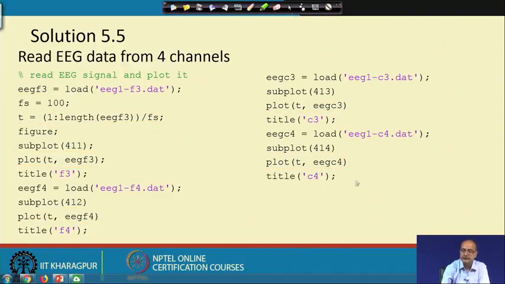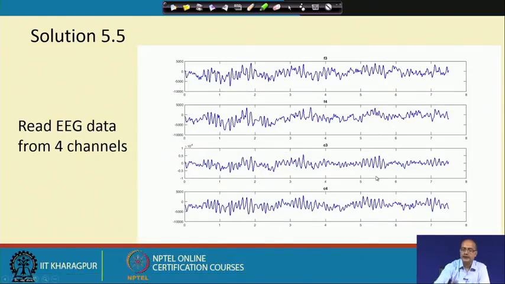So, let us see how these 4 EEG signals look. Here are the signals, one below the other, starting with F3, then F4, then C3 and C4. All the signals seem to be a bit correlated; they have similarity with each other.